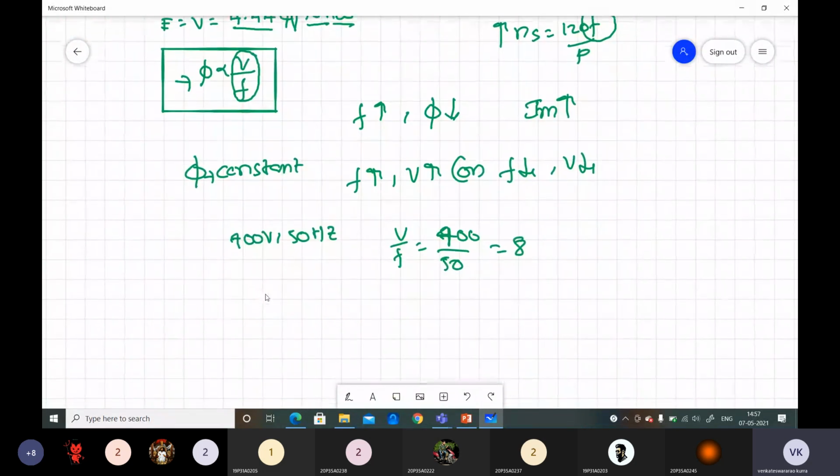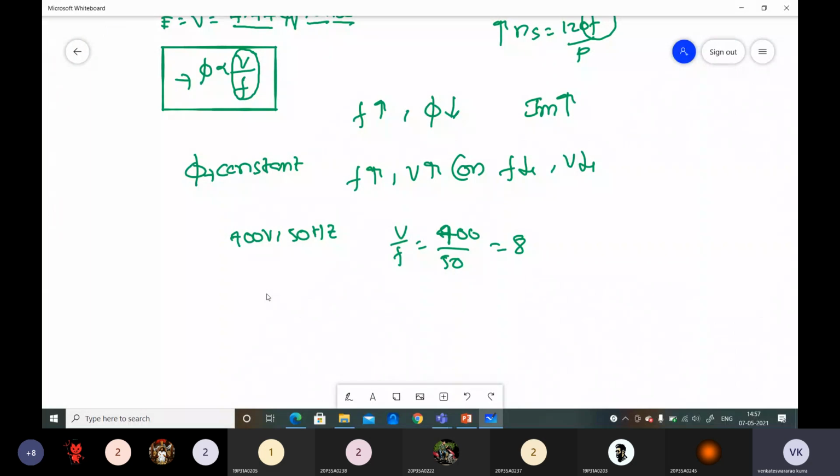Suppose we want to change the speed of the induction motor. Then reduce the frequency to 25 hertz. As we decrease the frequency to half, the voltage also decreases by the same factor, so it is also decreased by 50%.